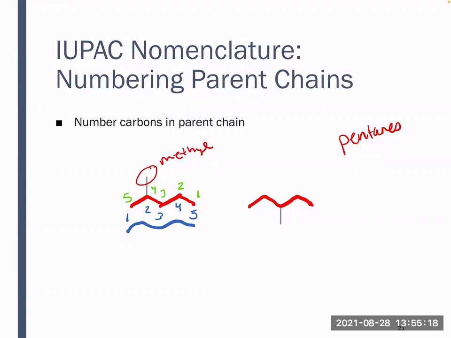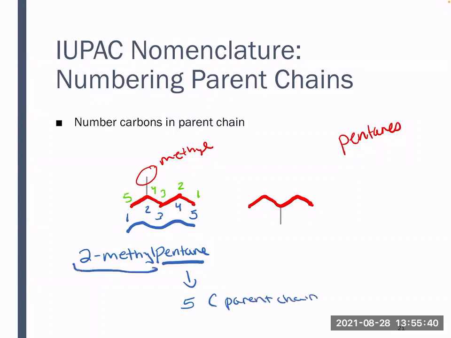So how I would name this molecule is 2-methylpentane. Again, the pentane is telling you that you have a 5-carbon main chain or 5-carbon parent chain.